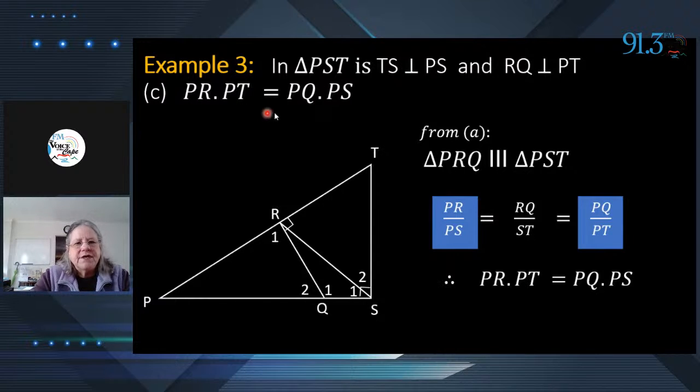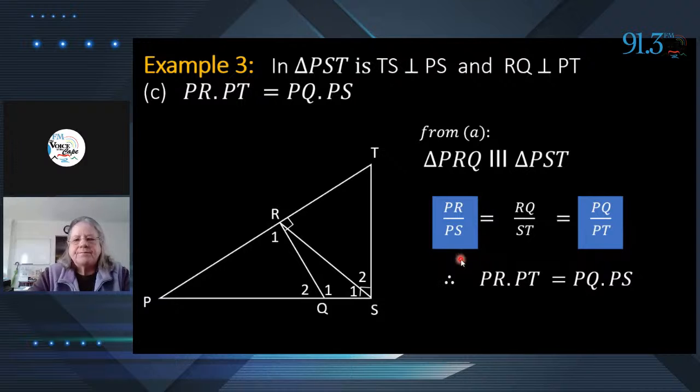So again, when you see this, you know it points to similarity. So we use our similarity from the A part of the question. And we will again write down the first two, PR over PS, equals the last two, RQ over ST, equals first, last, PQ over PT, the same as in the B part.